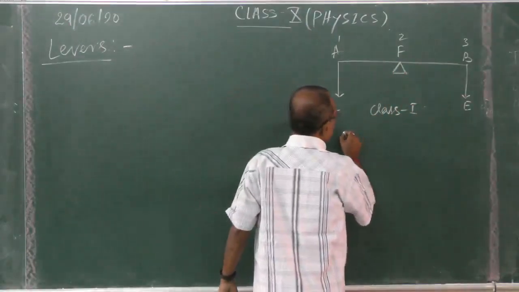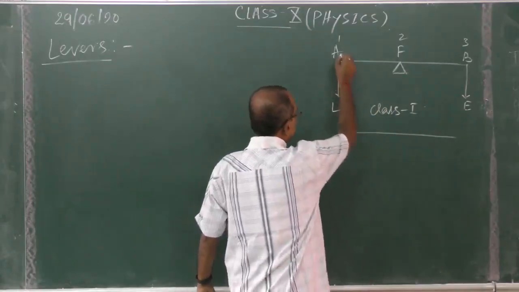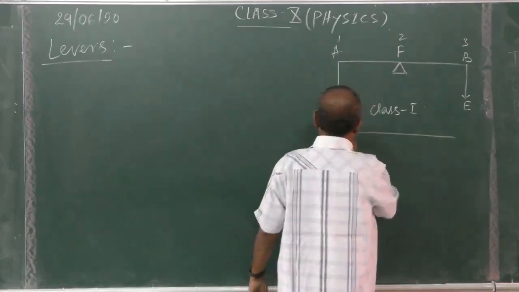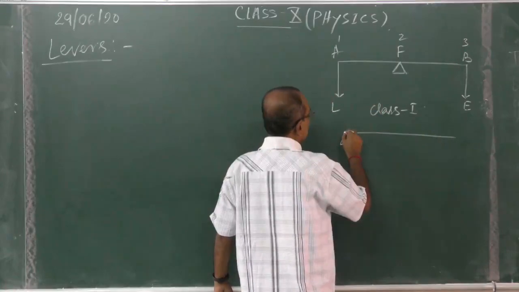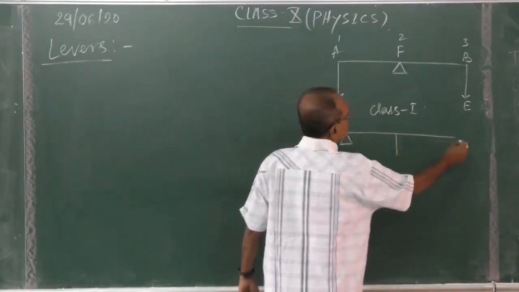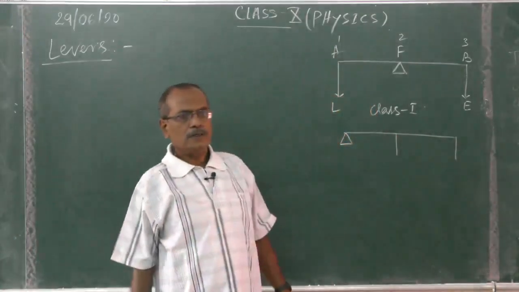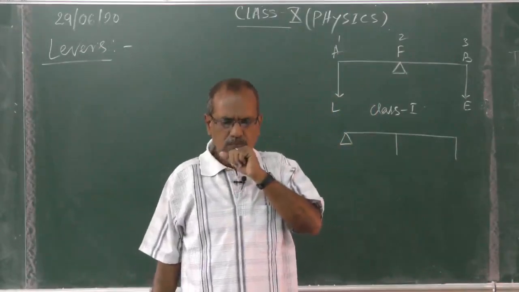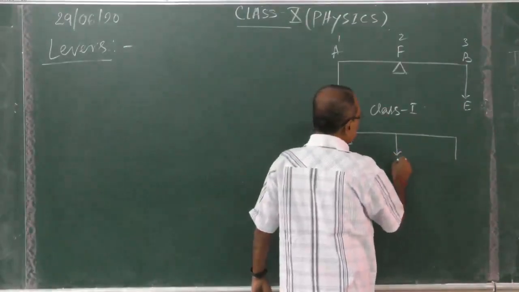Now, second order lever. Again this is A. Now the fulcrum is coming over here, load is here and effort is here. So load is here.